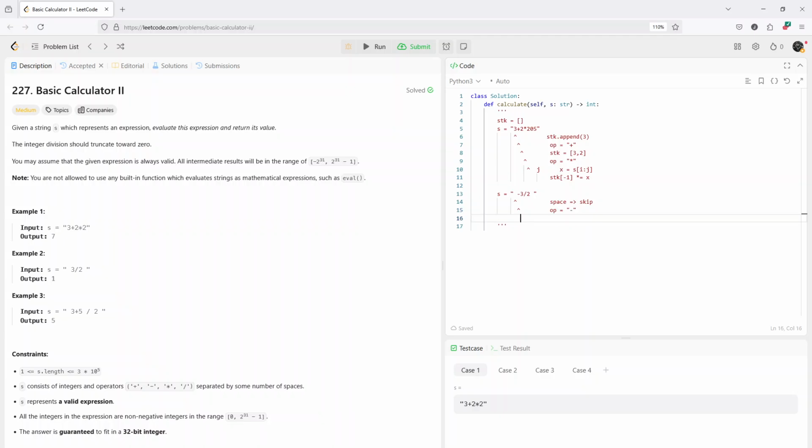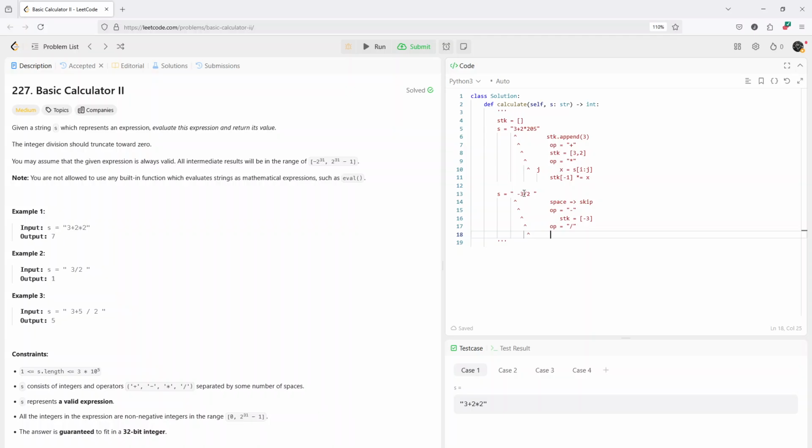Then we hit the 3, so that implies we want negative 3 to be in our stack. So stack equals minus 3. Then we've got the division, so op equals division. Then we've got this 2 here.